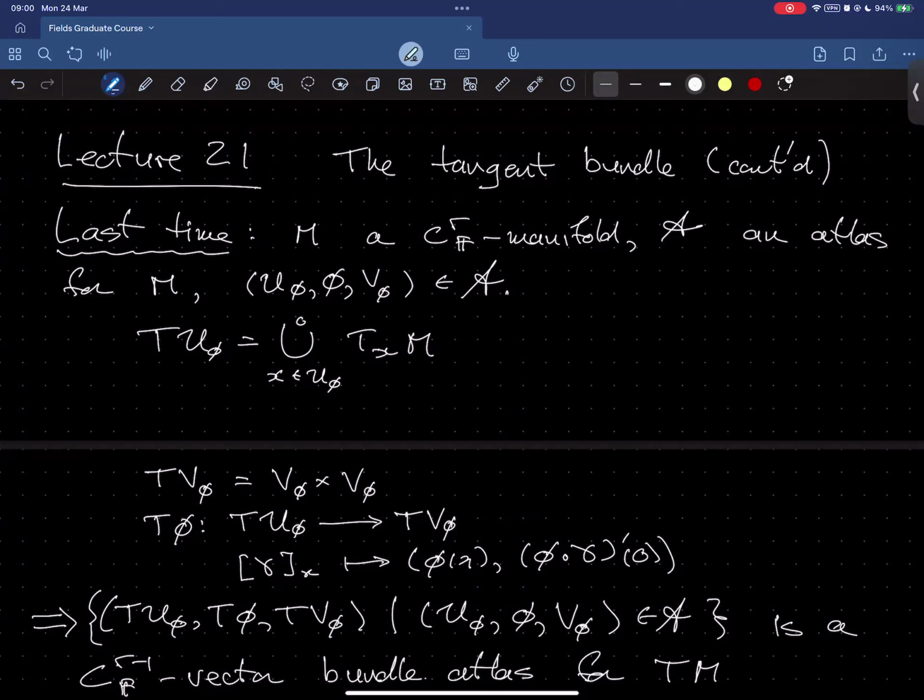Okay, so we're talking about tangent bundles, and last time we defined what the tangent bundle was. It was the collection of all the tangent spaces of a manifold, and we showed that the tangent bundle was a vector bundle, and we did this in our explicit way.